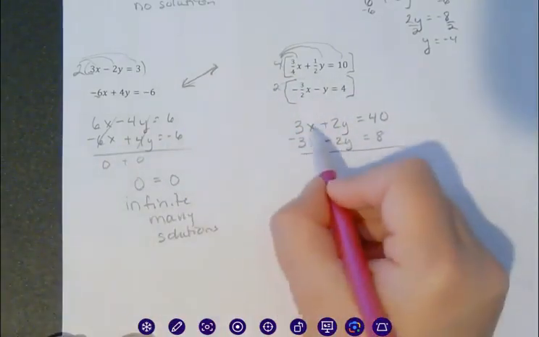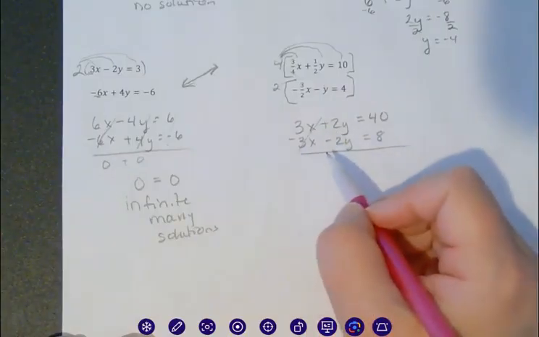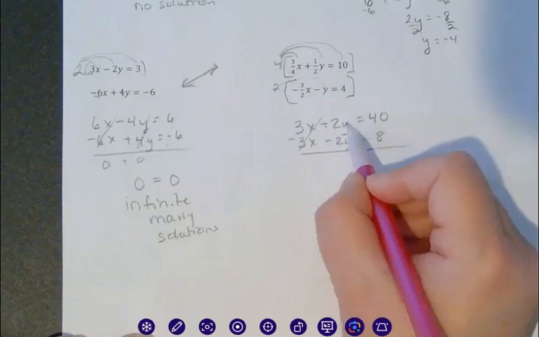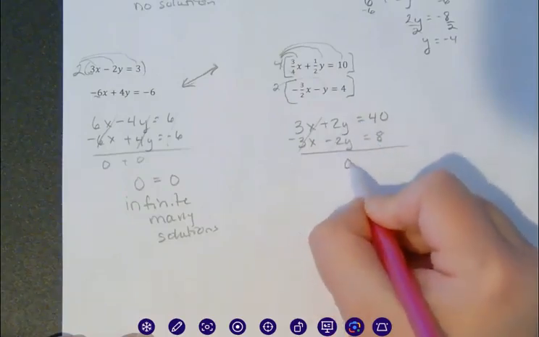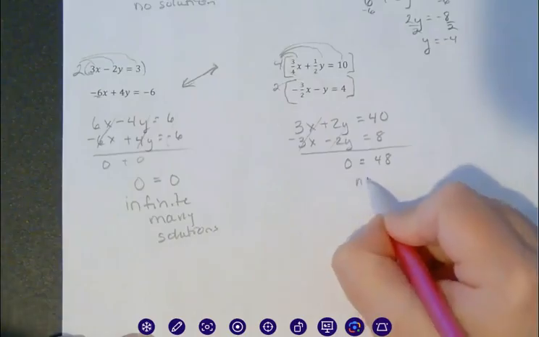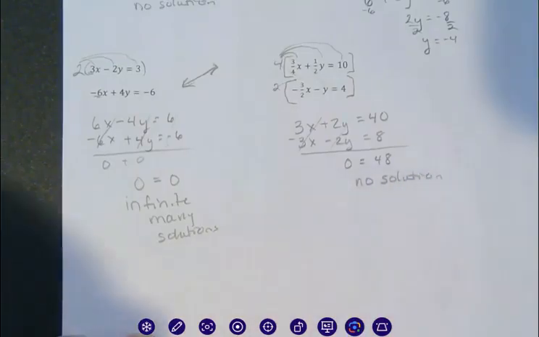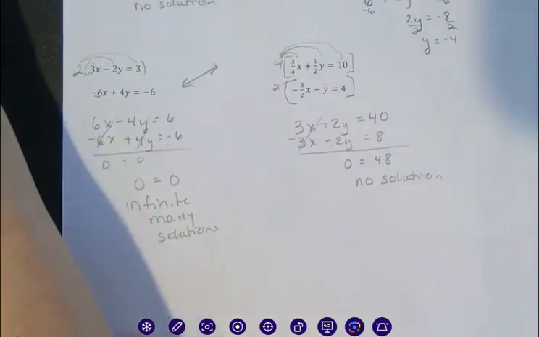So what I see here is I have 3x and negative 3x. That eliminates. And 2y and negative 2y, that eliminates. So I get 0 equals 48, which is no solution. So this means those lines would not cross at all.